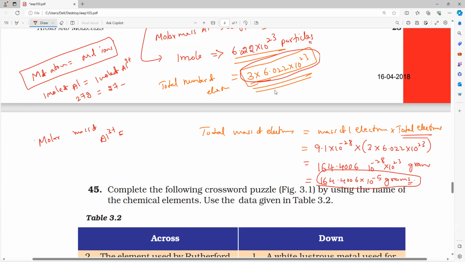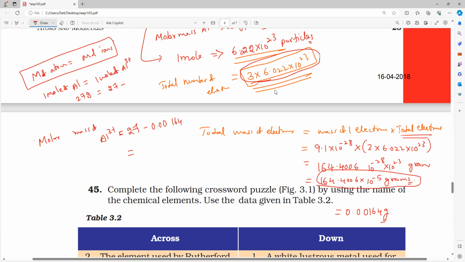164.4006 into 10 power minus 5. Can you tell me the answer in decimals? How can I write 10 power minus 5? 0.00164 grams. That is only the mass of the electrons. So 27 minus 0.00164.